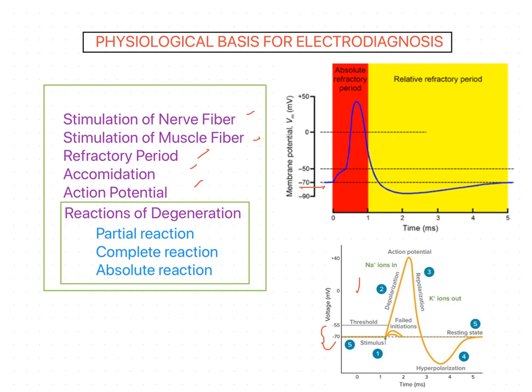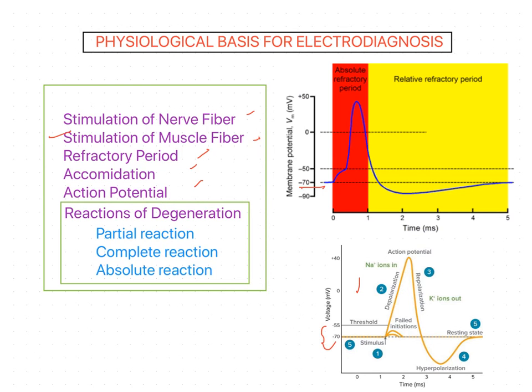Therefore, no muscle contraction is produced. That means only when the minimal duration impulse is less than 1 millisecond is the nerve going to excite.